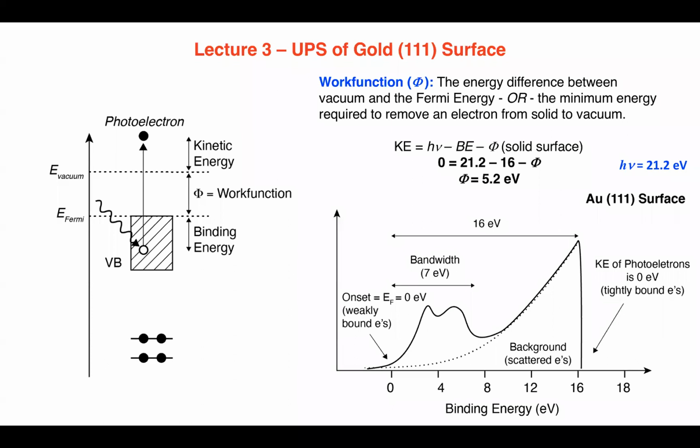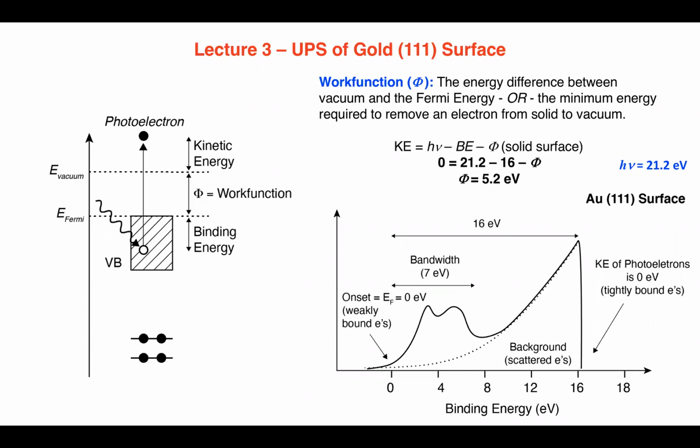And there are two distances you have to worry about: the binding energy, which is the difference between the Fermi energy of the material and the level from which the electron came, and this other thing called the work function. The work function is the separation between the Fermi energy and the vacuum level.